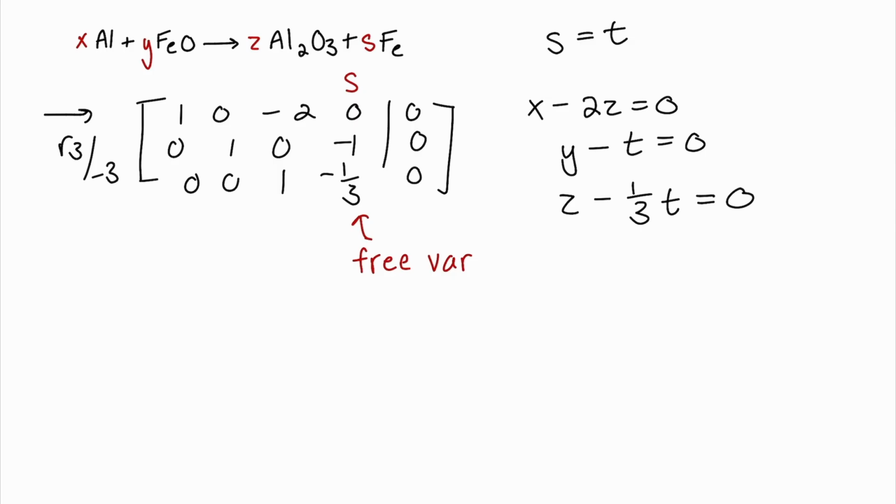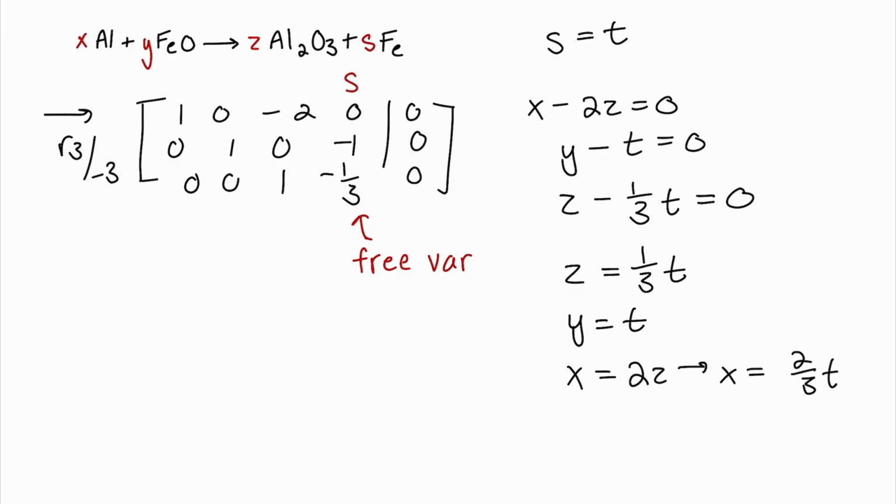And next, I'm just going to move the t's to the other side. Starting from this bottom one and going up, we have z equals 1/3 t, y equals t, and we have x equals 2z, which can also be rewritten as x equals 2/3 t, because we know what z is, and we want them all in terms of t.